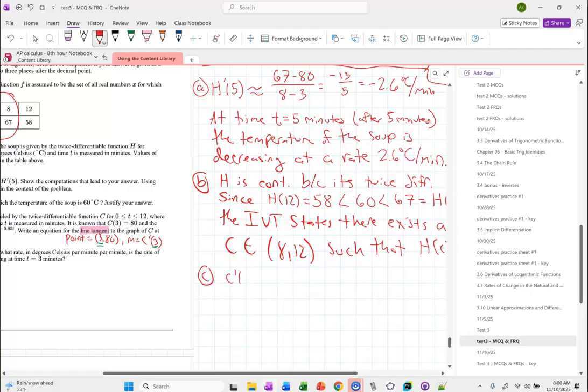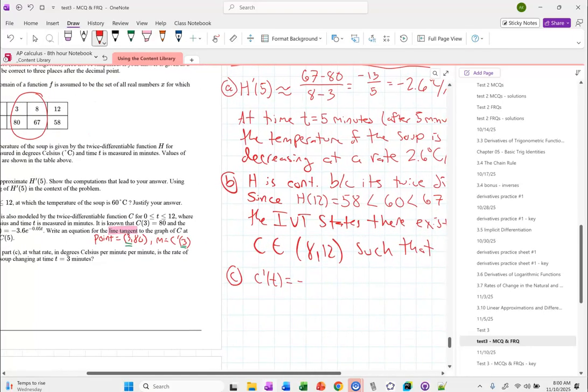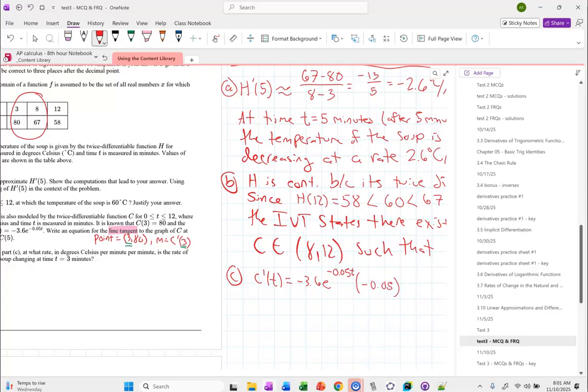So if we were doing this by hand, the derivative of C of t is going to be negative 3.6 e to the negative 0.05 t times negative 0.05, just as my little chain rule there.